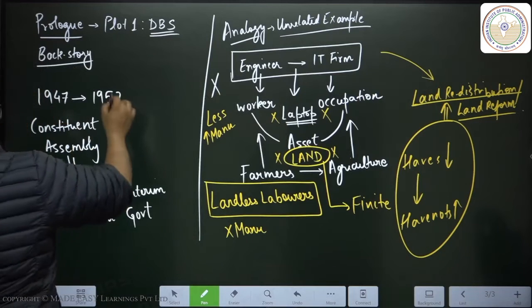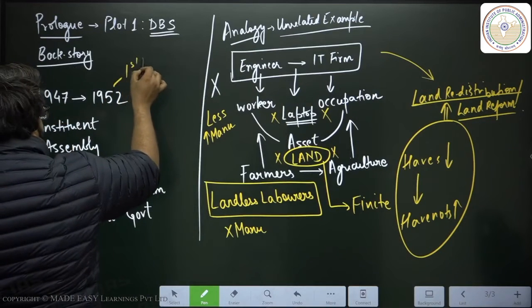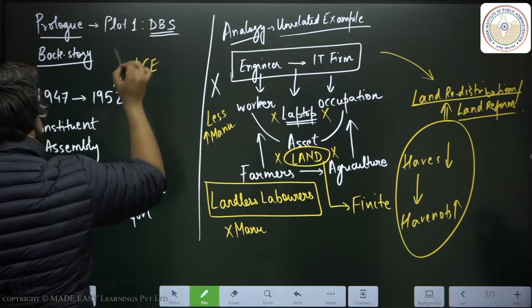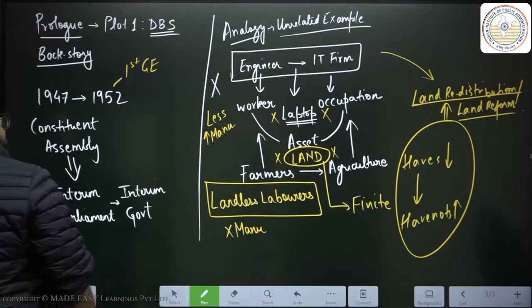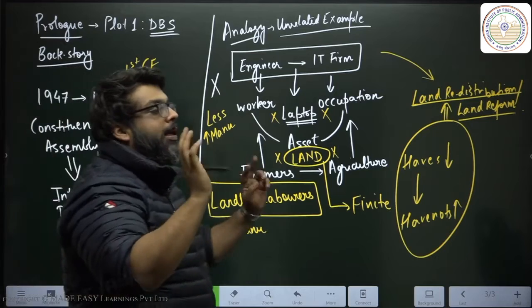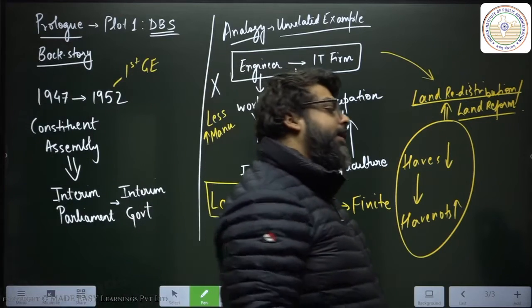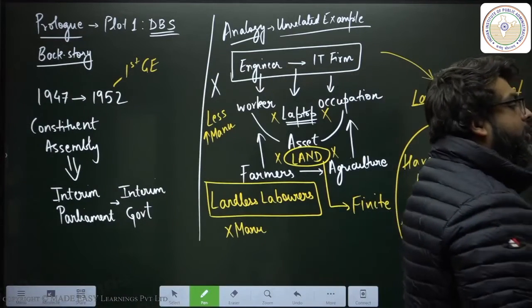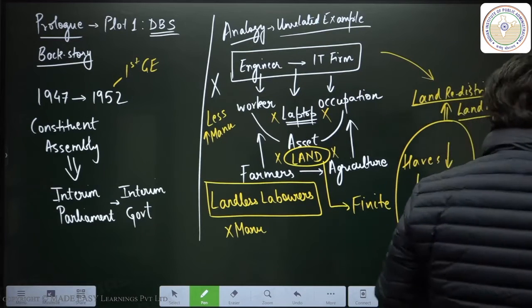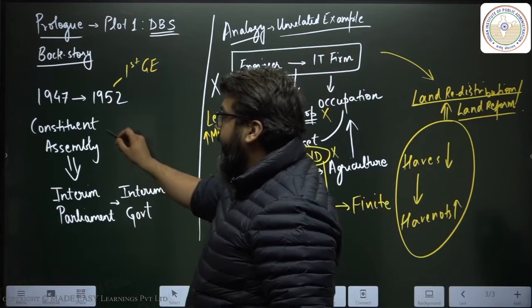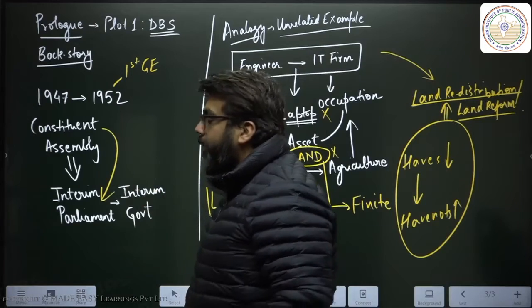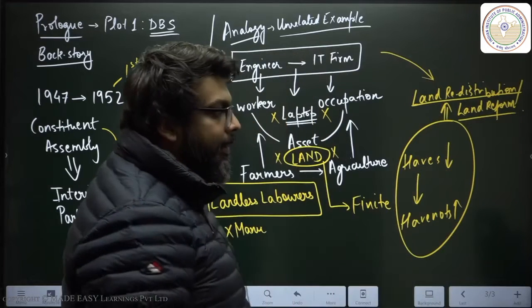Remember, our first ever general elections will only happen in 1952. So the first ever Lok Sabha, so to speak, is actually from 1952 to 1957. Right now, the Constituent Assembly is doubling up as the interim parliament.